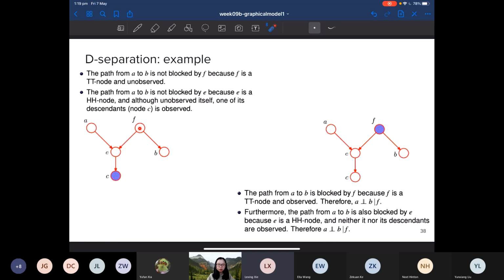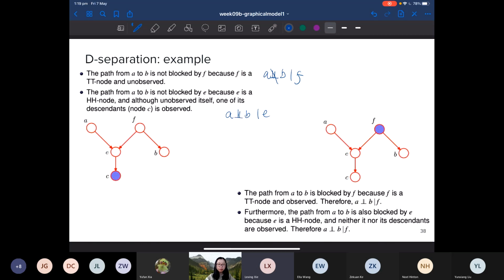Here, F is unobserved, and F is a tail-to-tail node, like we're looking at, and there is only one path from A to B. So therefore, A and B are not conditionally independent given F. And now we also wonder whether A and B are conditionally independent given E. E is a head-to-head node.